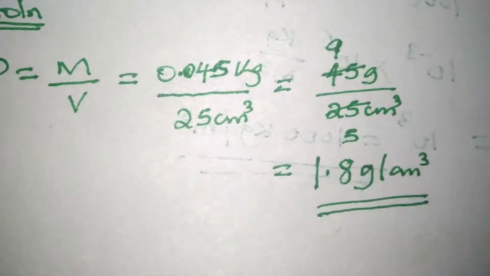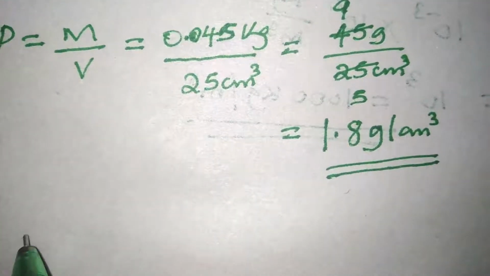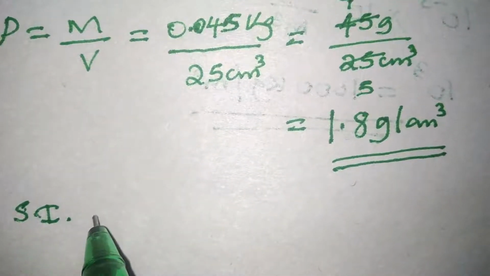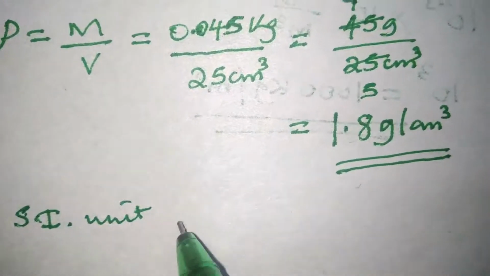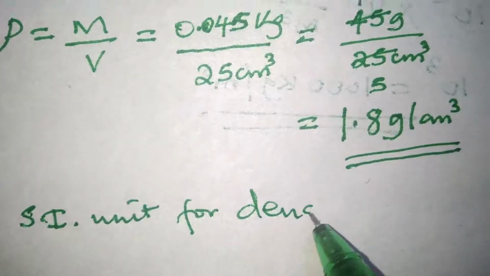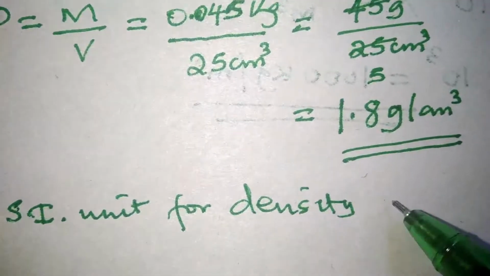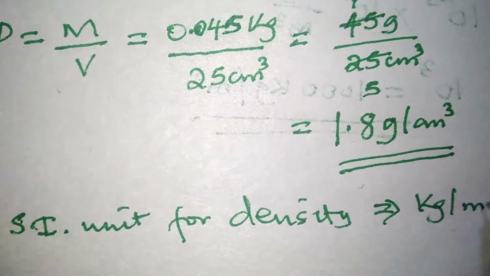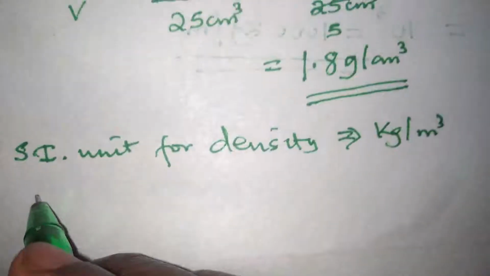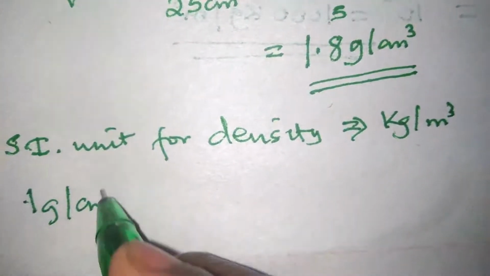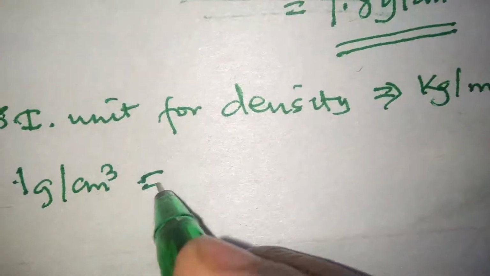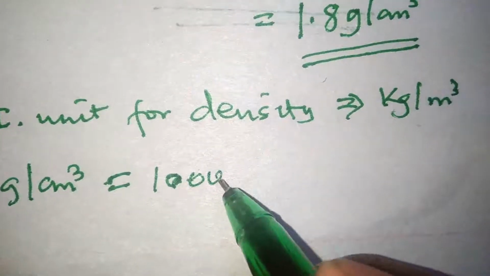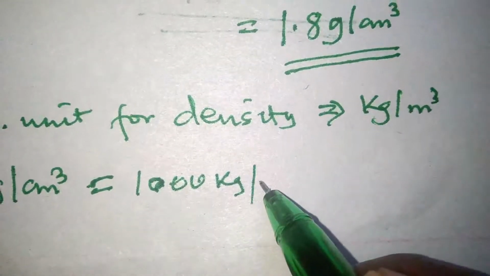Now, we have been asked to calculate it in SI unit. The SI unit for density, as we have seen before, is given as kilogram per meters cube. And we've said that 1 gram per centimeters cube is simply equal to 1000 kilogram per meters cube.